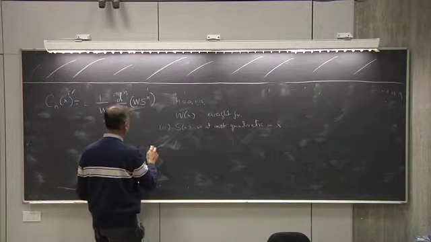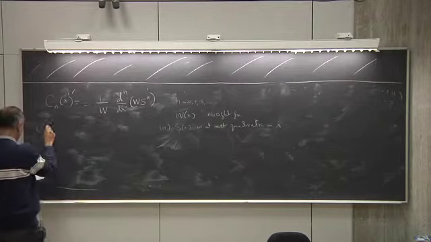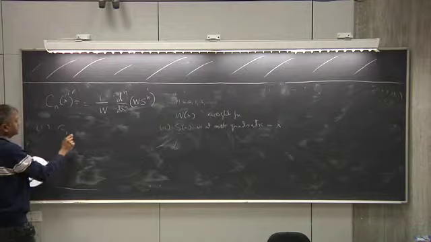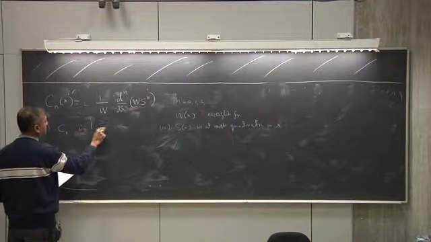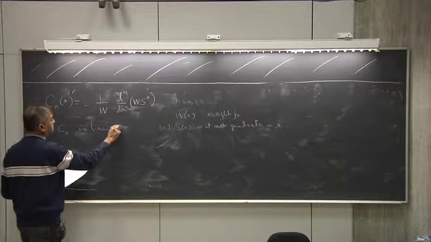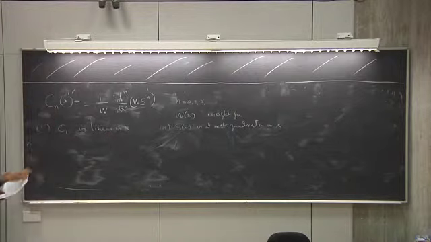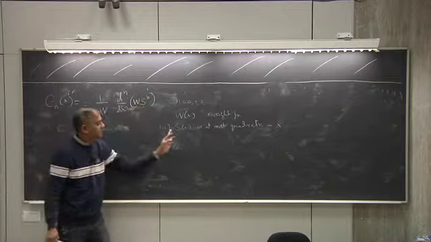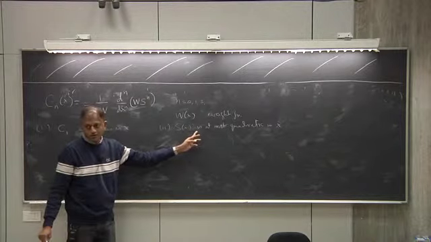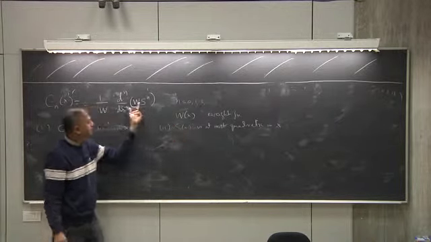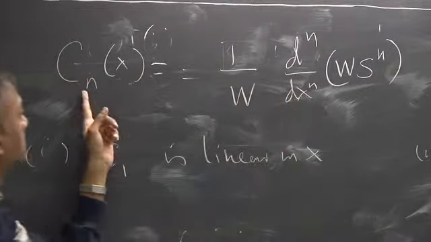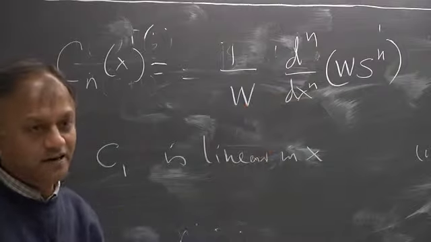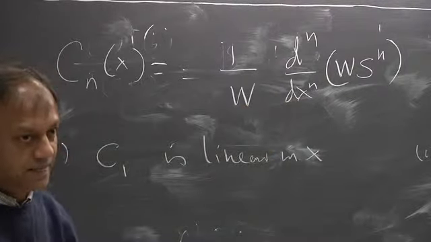The first condition was that when you define it like this, C_1 is linear in x. This is a very strong condition. Because if I just take an arbitrary w, and even if I restrict myself to s being at most quadratic, it's not guaranteed that when you compute this, the result for n equal to 1 will be a linear function. Not obvious, right?